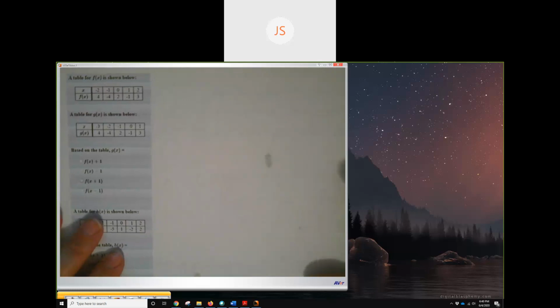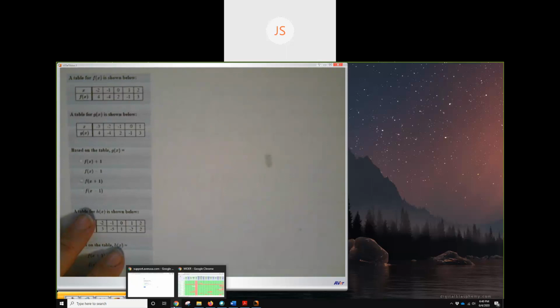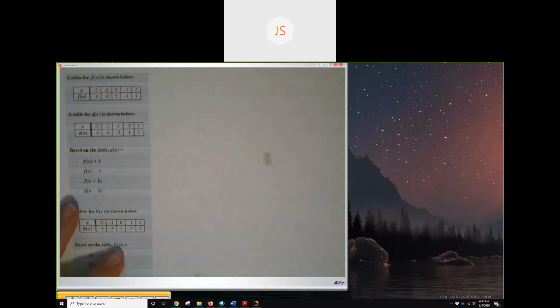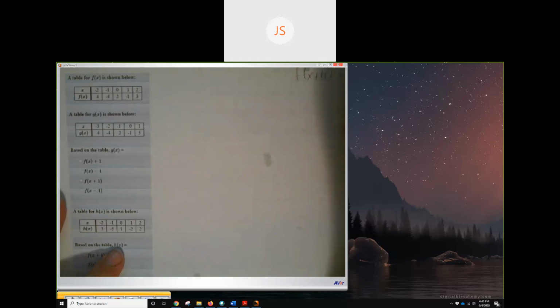Okay, so transformations has a certain set of rules. I should have pulled them up beforehand, but if you just Google transformation rules, you'll find a box that's like f of x plus h minus k, and then there'll be an a here and a b here.